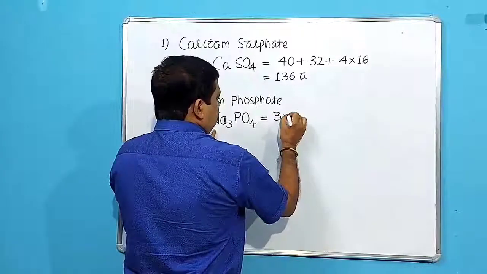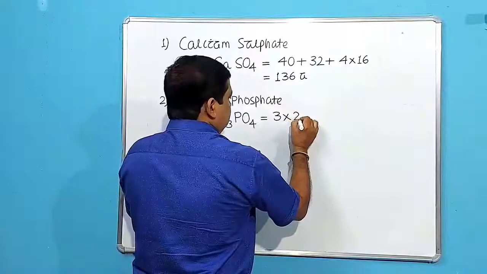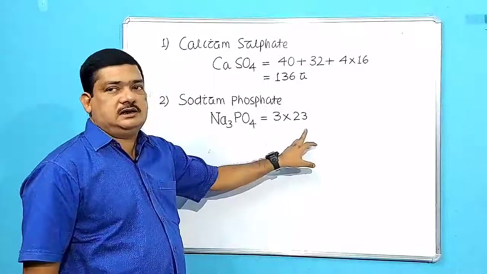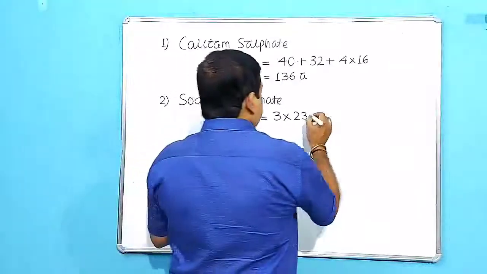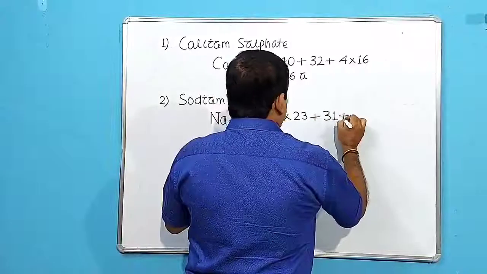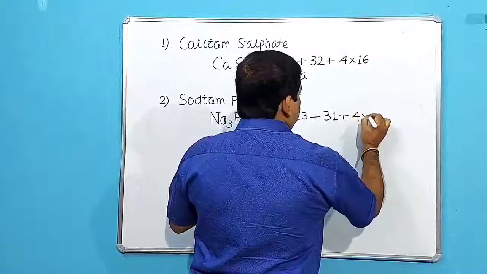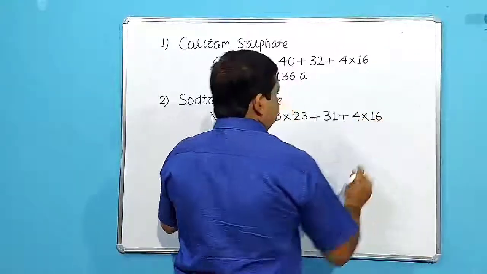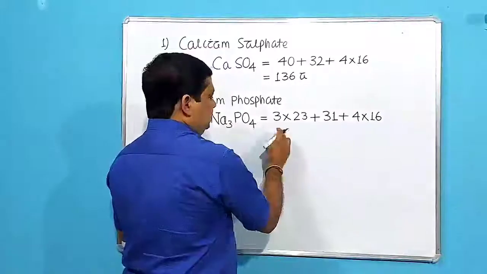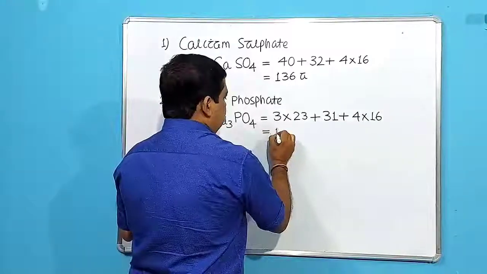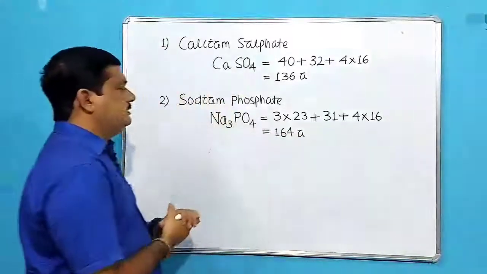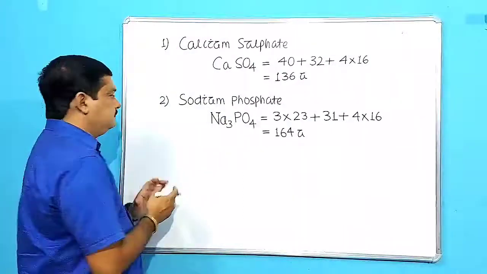So 3 atoms of sodium into atomic mass of sodium, that is 23. Most of the students have multiplied by 1 here. So that is the error. Then phosphorus 1 atom, 31. Then 4 atoms of oxygen, 4 into 16. So 64 plus 31, 95 plus 69, that means it is 164 U. Answer is 164 U.